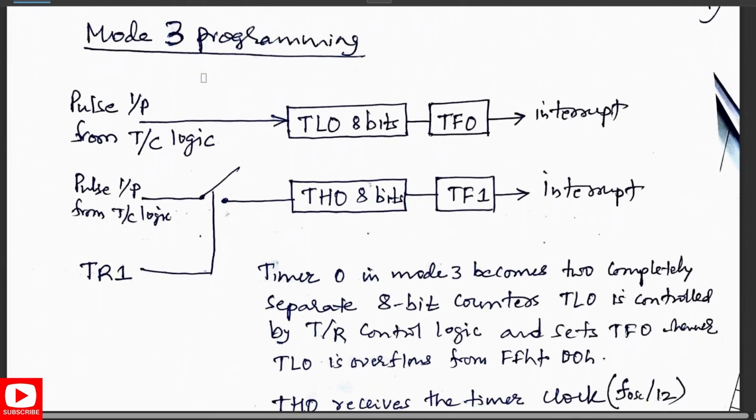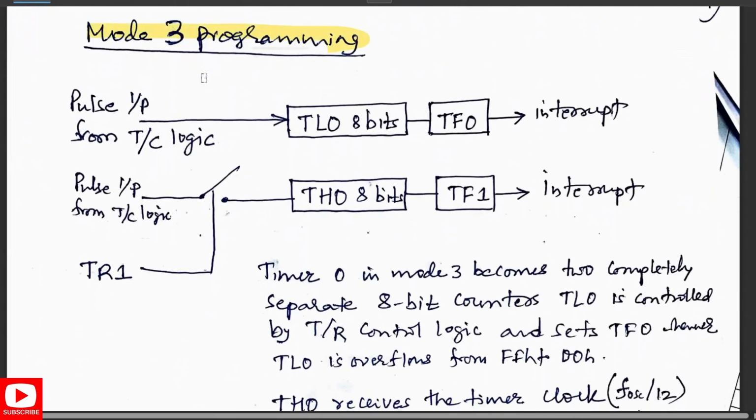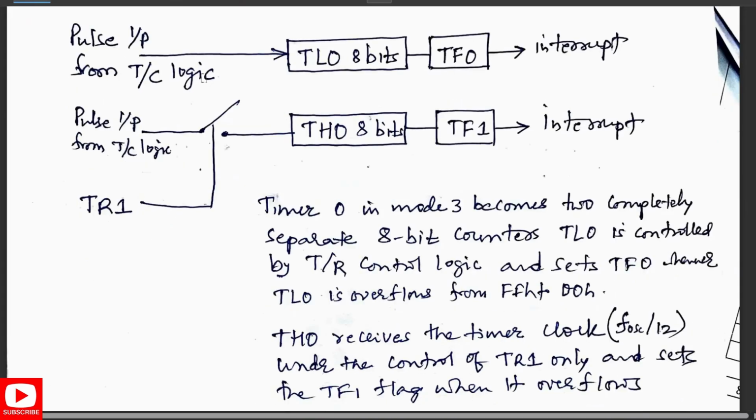Go through that. Next, we'll go to the mode 3 programming. Mode 3 programming is a bit different compared to those two. To make this mode 3 program work, first we'll consider timer 0.